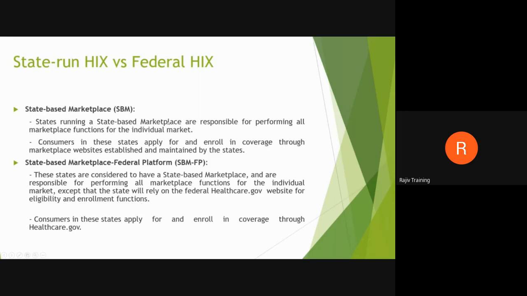Consumers in these states apply for and enroll in coverage through marketplace websites established and maintained by the state. Okay, there's a difference between a state-based marketplace and a state-based marketplace federal platform.